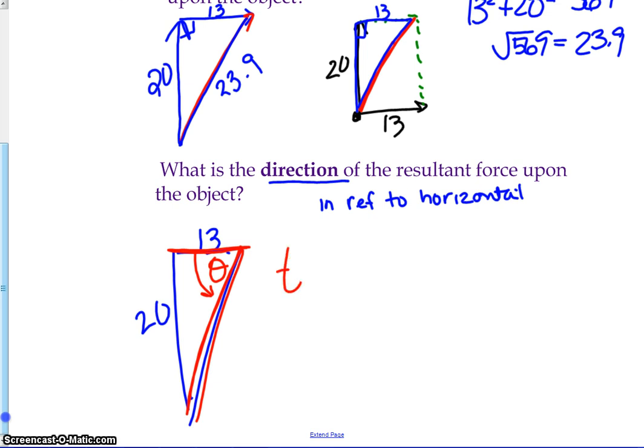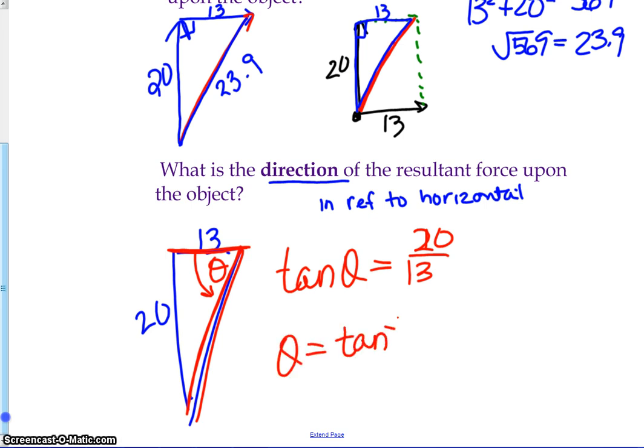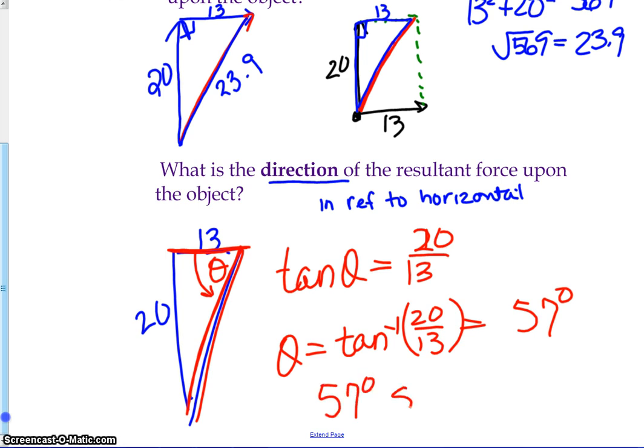So for that one, the tangent of my missing angle would equal 20 divided by 13, opposite over adjacent. To find that angle, you take the tangent inverse. You find the inverse of 20 over 13. When I did that, I got 57 degrees. So our answer here is actually 57 degrees south of west.